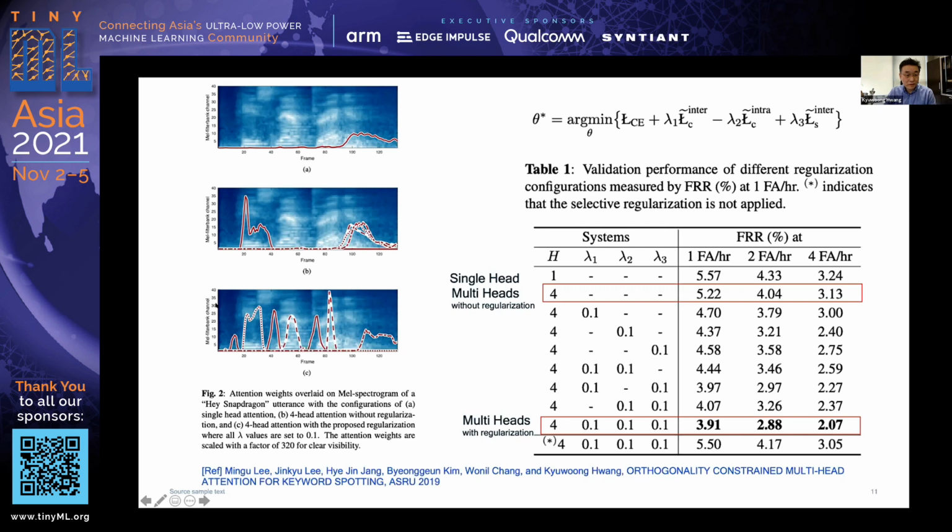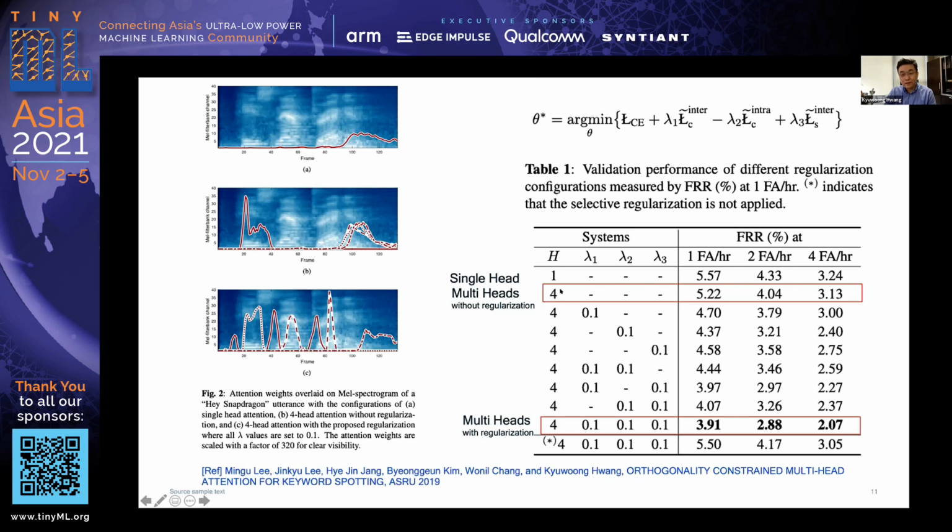If you see this diagram, these different types of lines show the different attention focus of different heads. And as you see, most of the attention heads focus on different parts of the keyword, and that improved the accuracy.